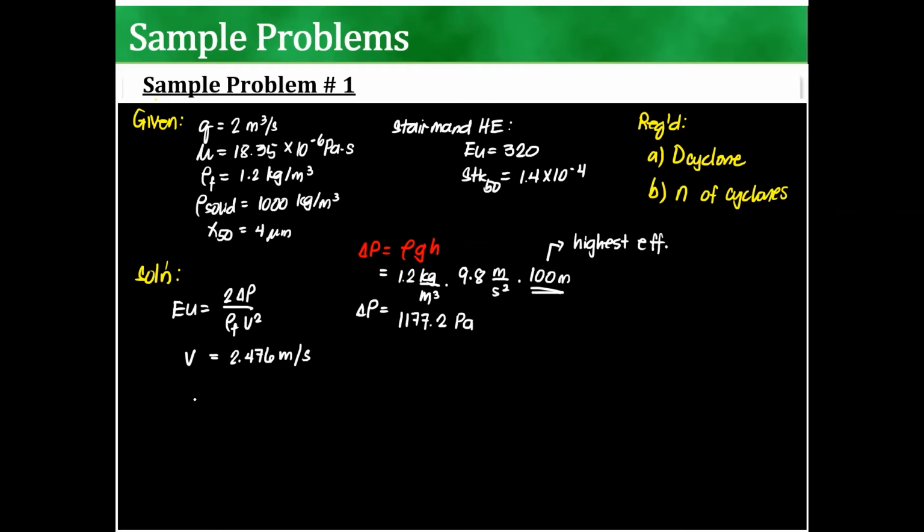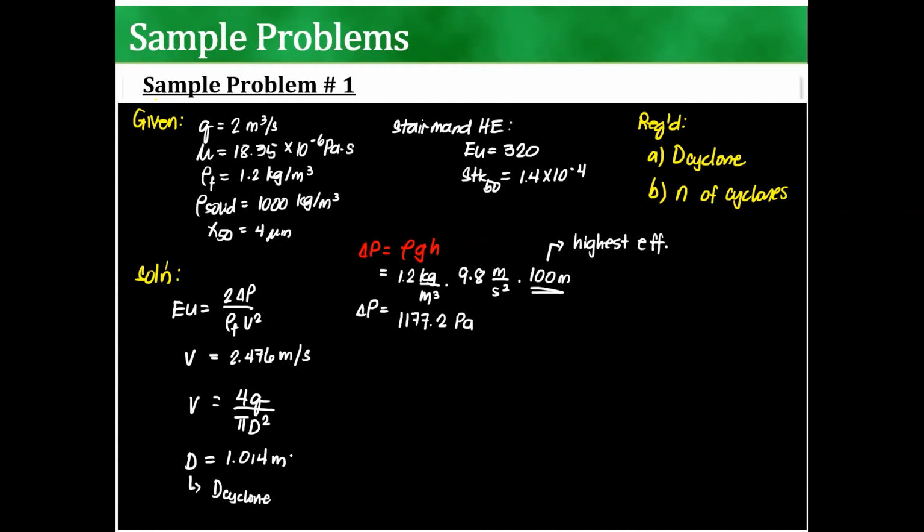So V is equal to 4Q over pi D squared. D could be 1.014 meters. By the way, this is the diameter of the cyclone. So I can say that's already the diameter of the cyclone.